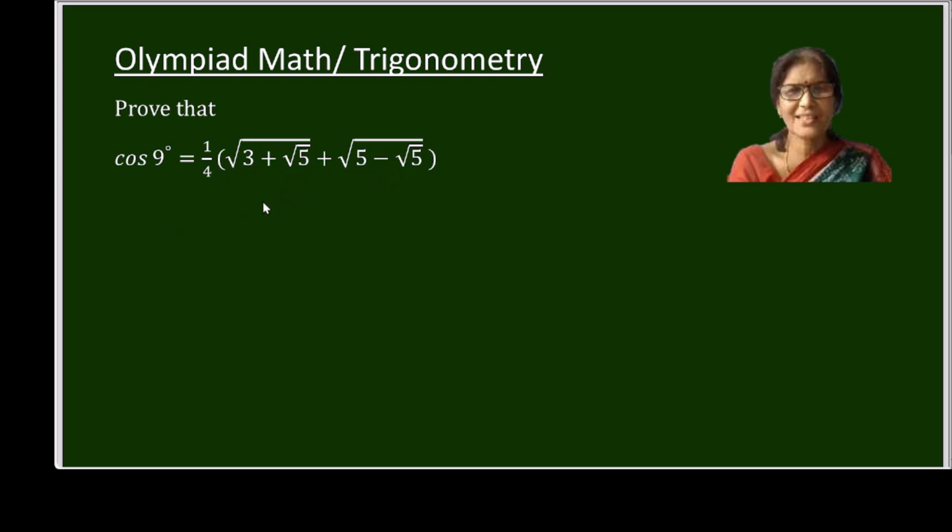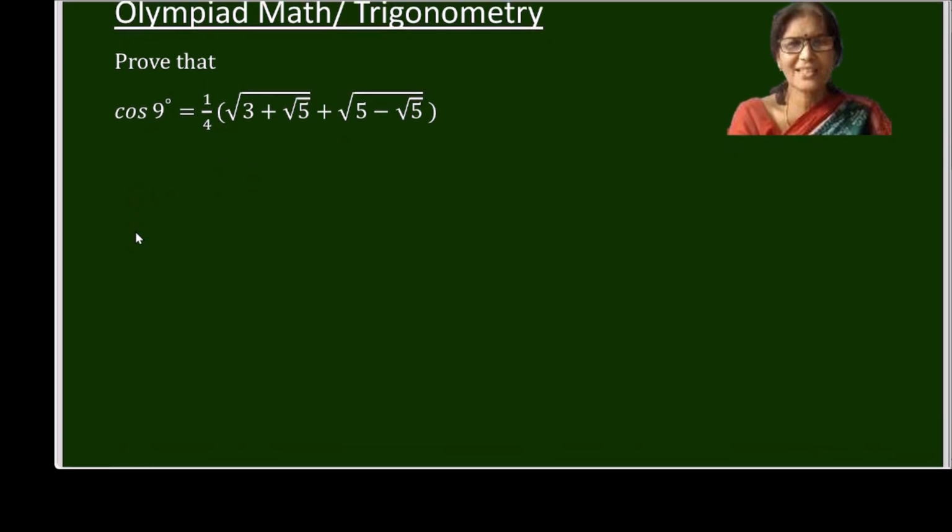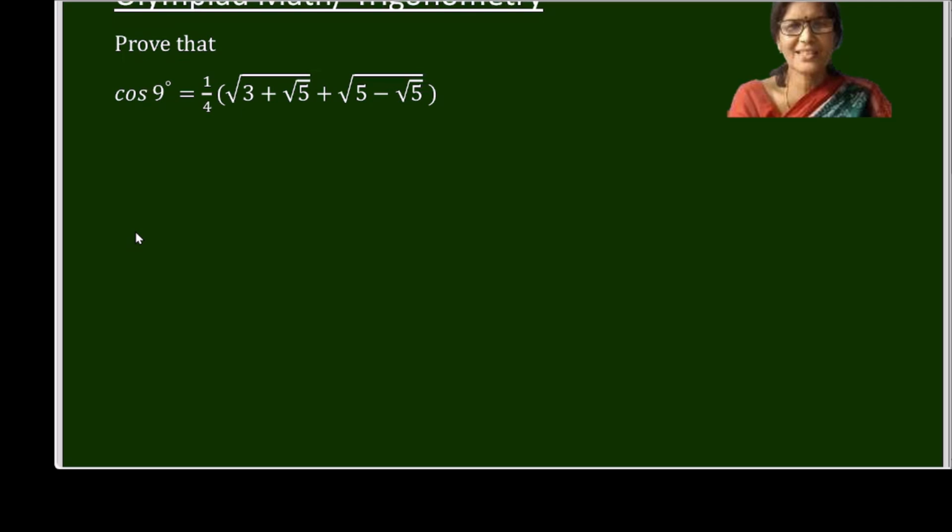Now immediately it comes to our mind that cos 9 degree can be written as cos (45 degree minus 36), and by the formula you can expand and get the result. But these particular values you may not get by proceeding in that way, or it may be lengthy.